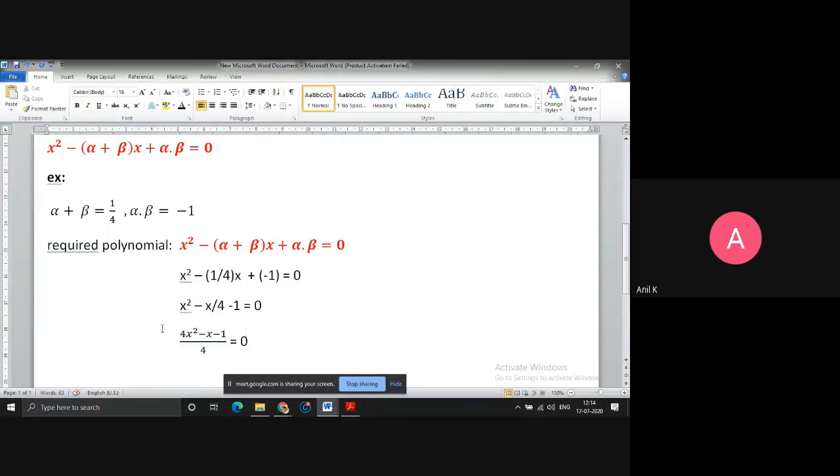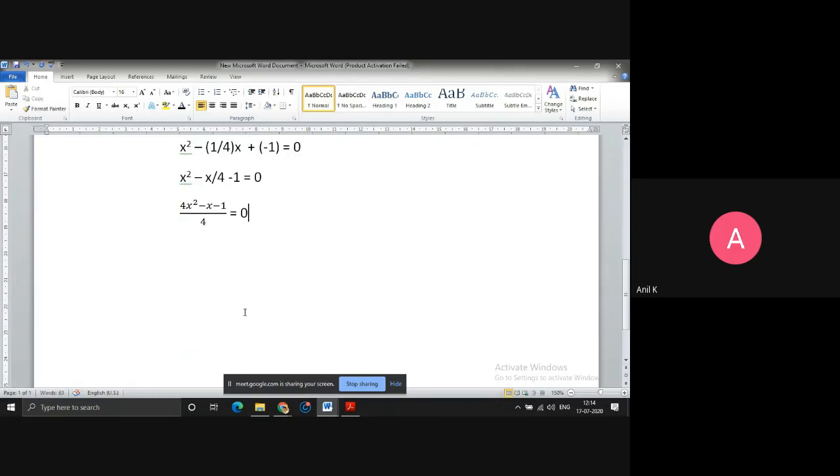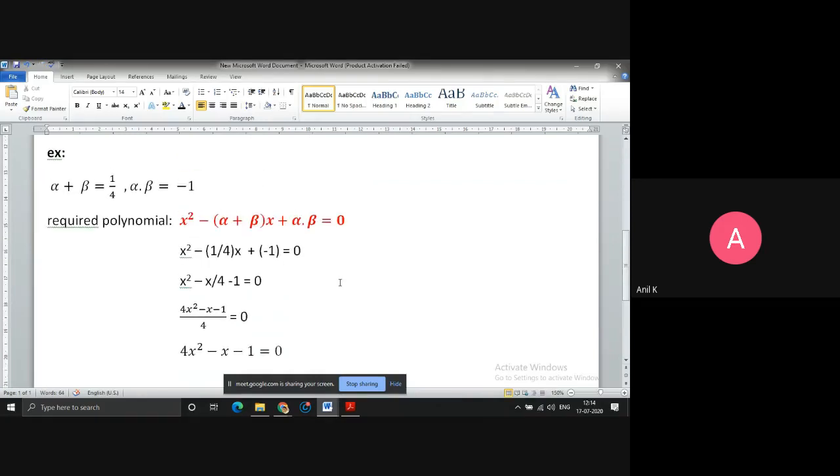Or for further simplification, this 4 you can send to the right hand side, so 0 into 4 is 0. So the final quadratic equation of the polynomial is 4x square minus x minus 1 equals 0. Is that clear?